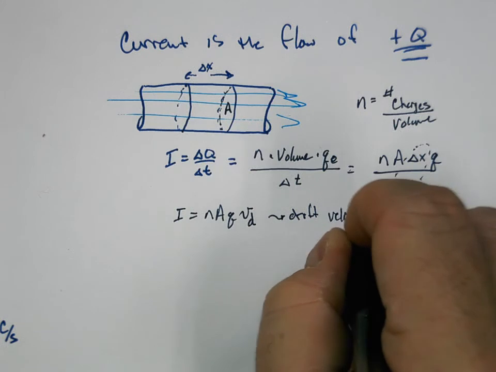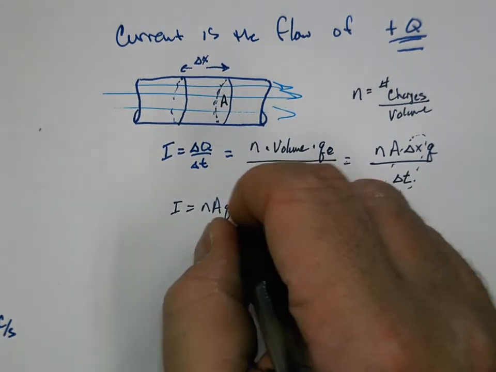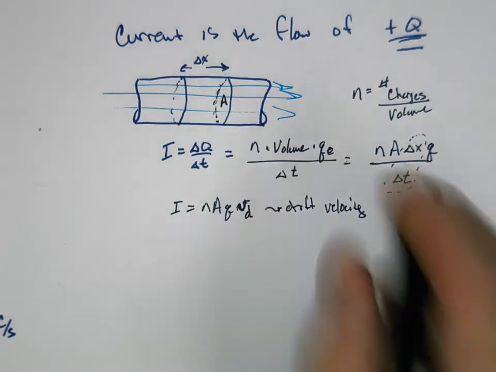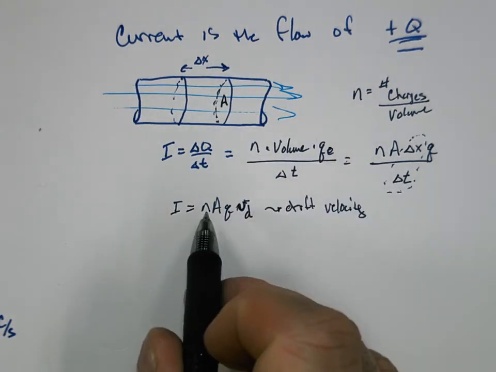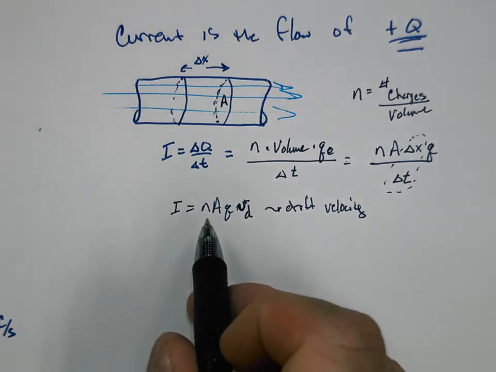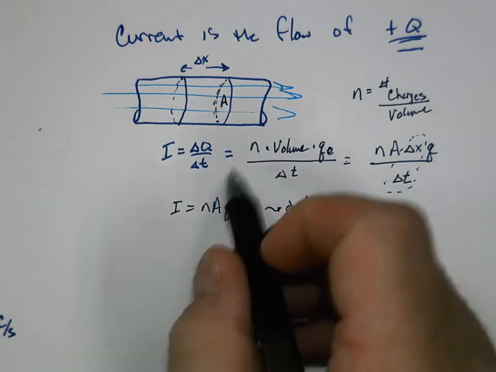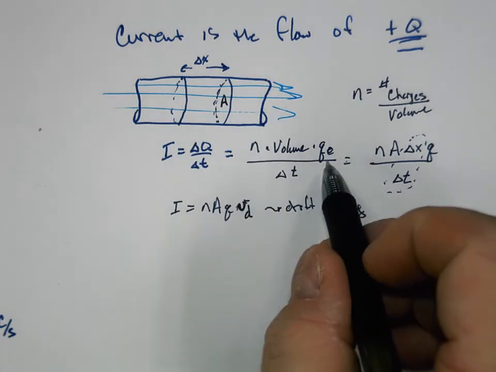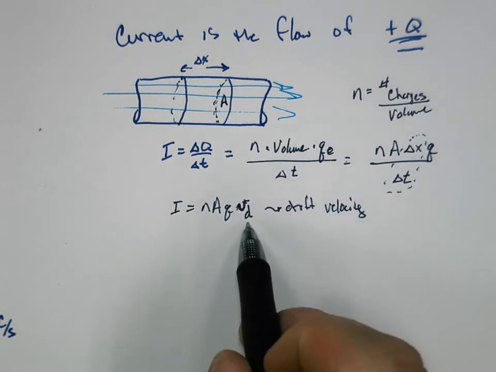N is essentially the number of electrons in this given volume. And then here's the charges on the electrons. Q v sub d, drift velocity.